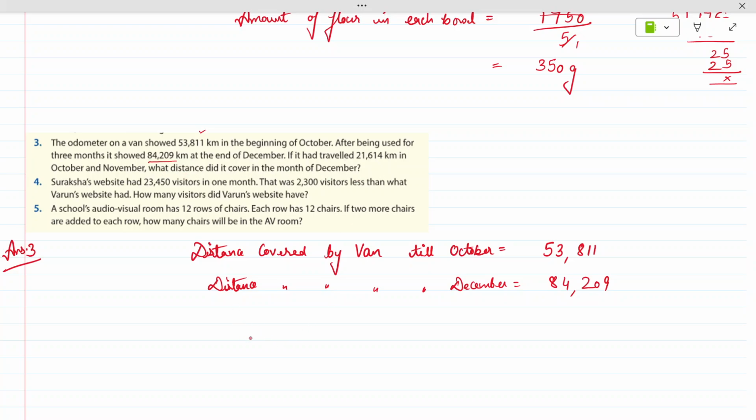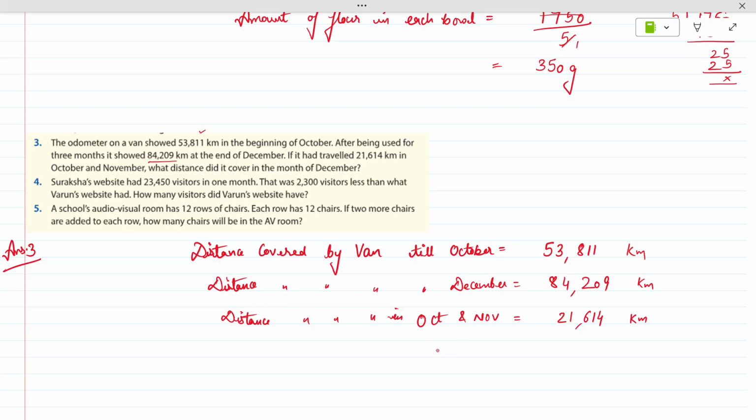Okay, so now what it is saying is the distance covered by the van in October and November combined is 21,614. Sorry kids, we have to write the units also simultaneously. This many kilometers.